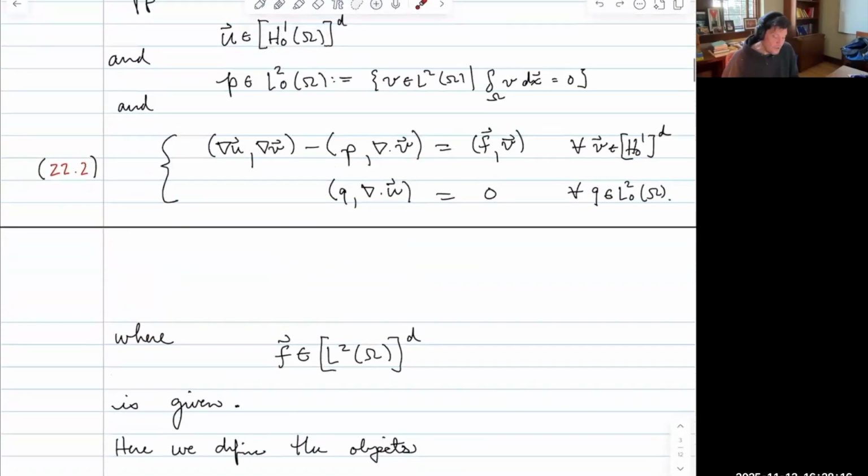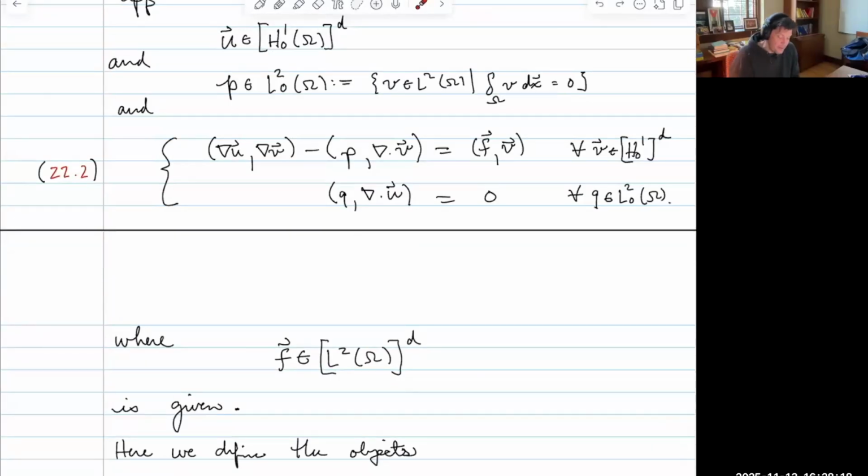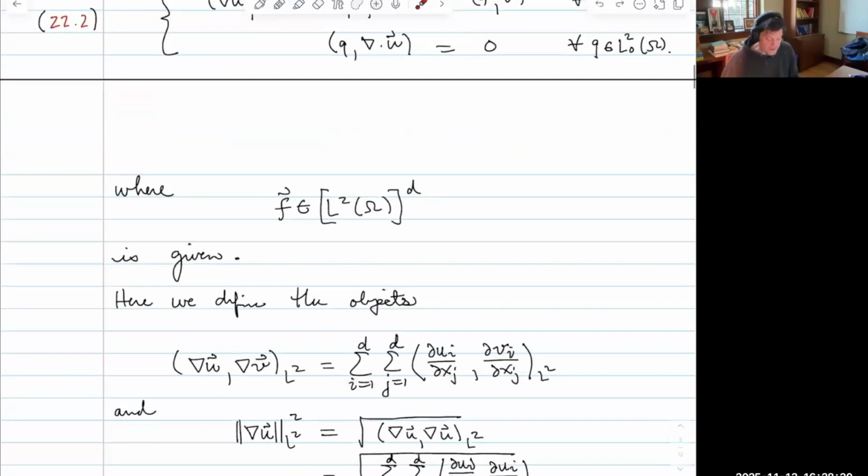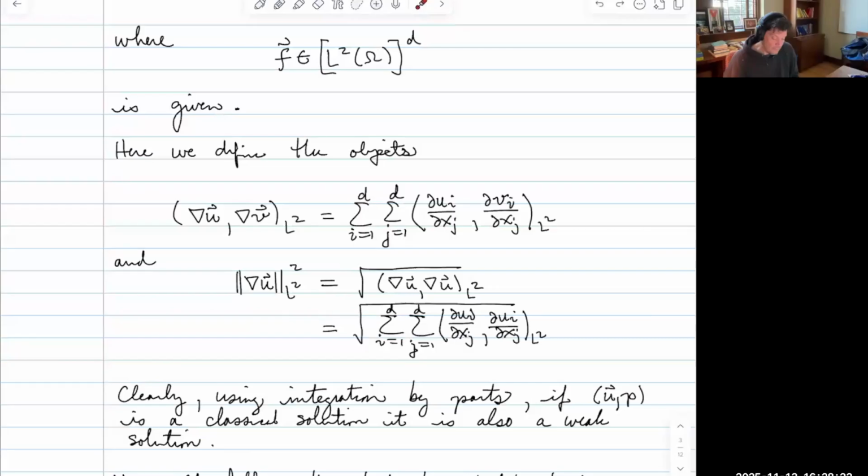Now, when you do this integration by parts, this is the term that you're going to get, so we might as well define it. What do we mean by this term, nabla U, nabla V in the L2? This is a bit weird because I need to be very precise about what this notation means. U is a vector, V is a vector.